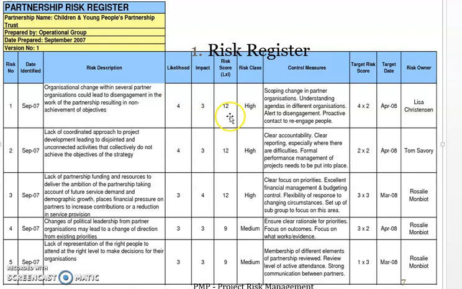That is the risk score. Here, like this, we are preparing probability and impact to score the risk. Risk classes, high, low, etc.